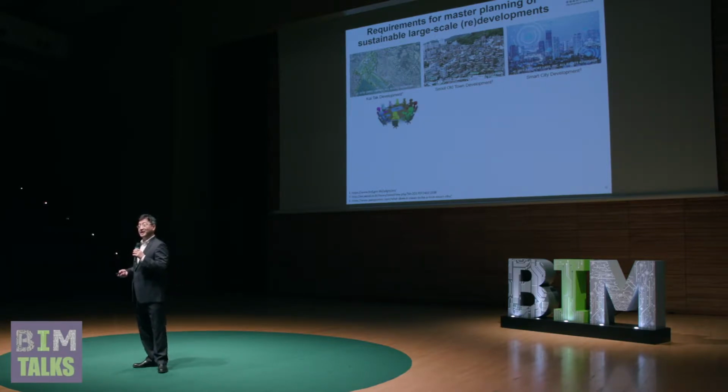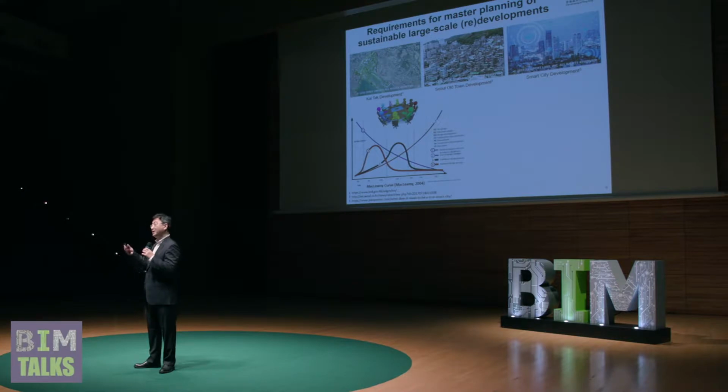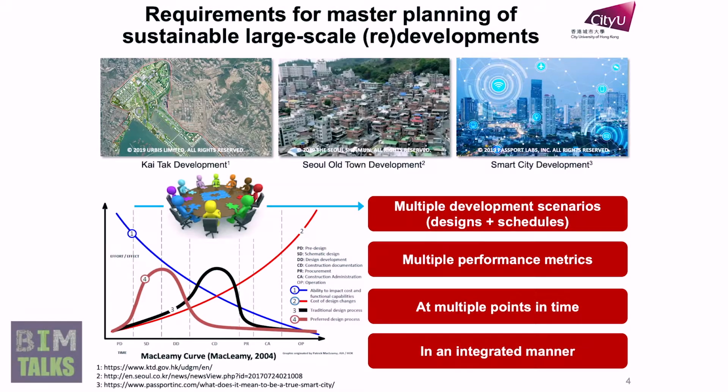This kind of project usually involves lots of multiple stakeholders. To make better decisions, we have to engage those multiple stakeholders at the beginning of a project. To do that, we have to consider multiple development scenarios and multiple performance metrics at multiple points in time. And also, we have to do this in an integrated manner.